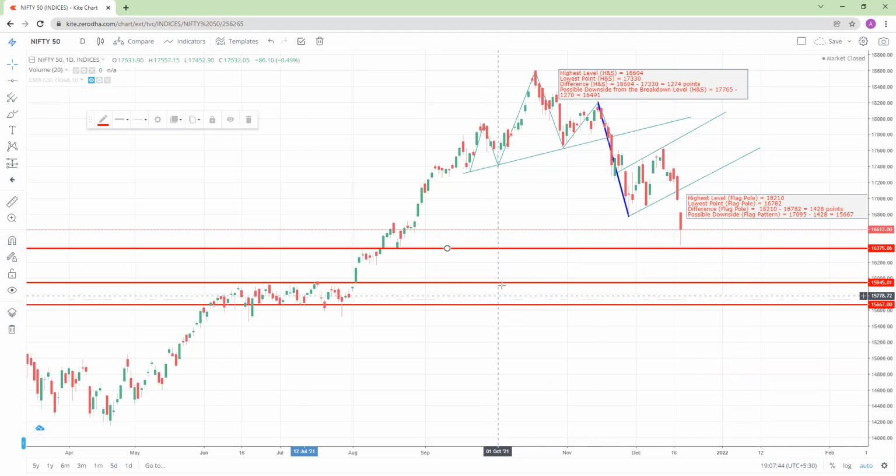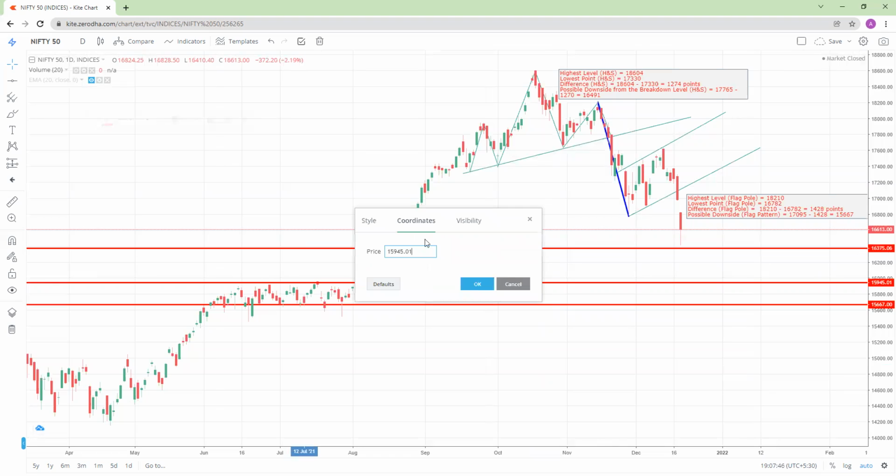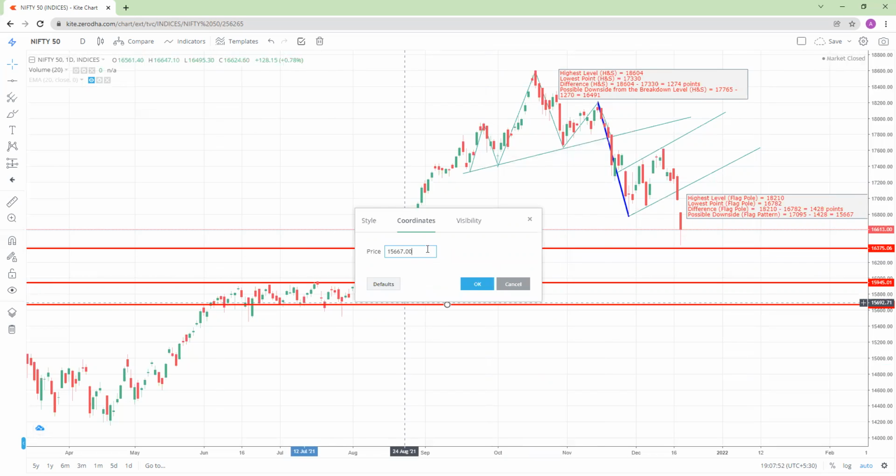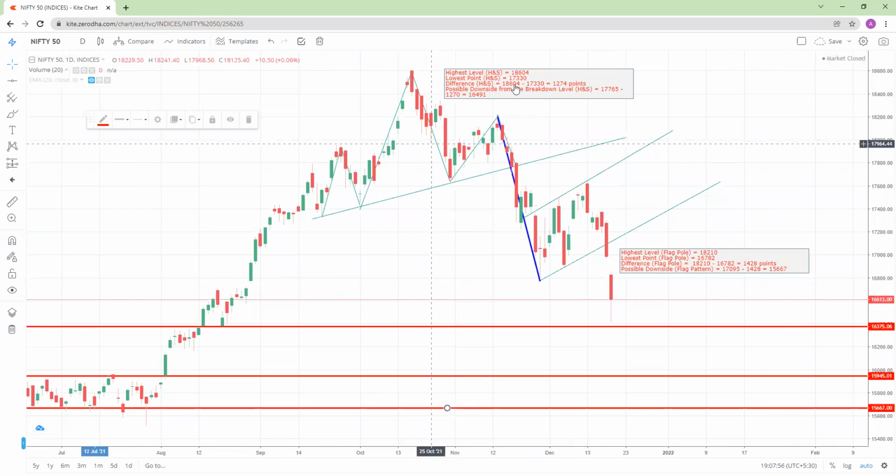After that, its next major support is at this level, which is coming to be 16945, or you can take 16950. And this value 15667 is coming as the possible target if we use the flag pattern as the basis for identifying the Nifty 50 level in the coming days.